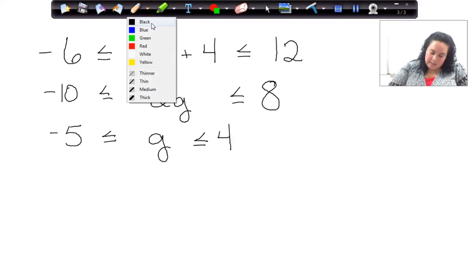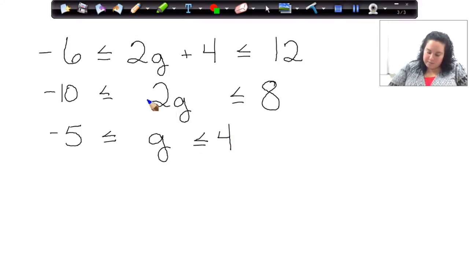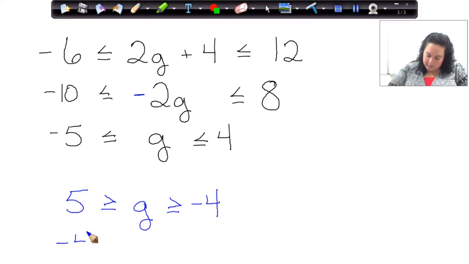Now, as a quick side note, what would happen if this was a negative 2 right here? If it was a negative 2, you would have to divide by negative 2, and you would have 5, and then you would flip the sign, g, and then flip this sign, and have a negative 4, okay? And that means everything would be backwards, and so you'd rewrite this negative 4 is less than or equal to g is less than or equal to 5, okay?